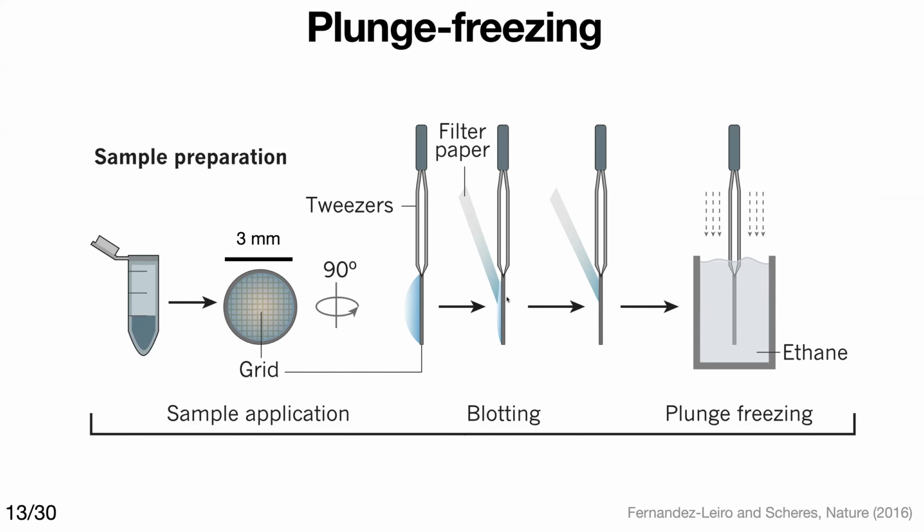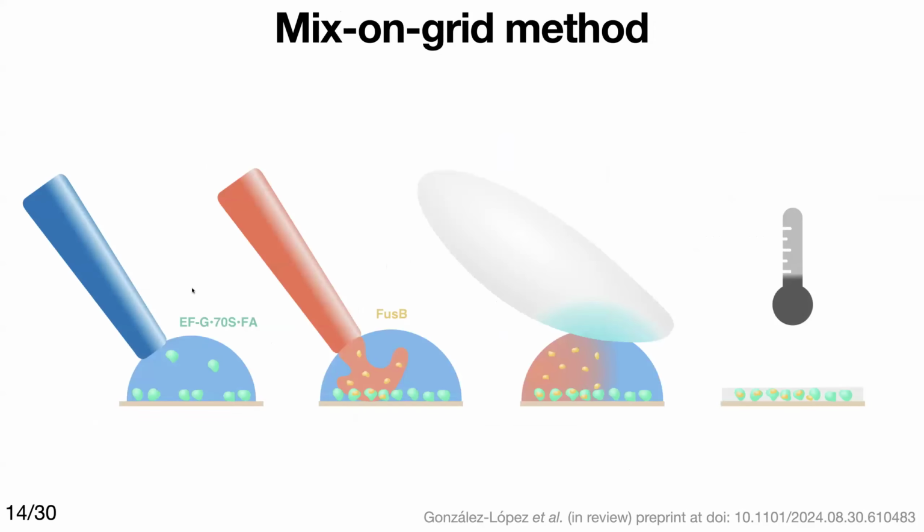But in our preliminary results, what we actually found out is, so this is a schematic to show it. After adding the drop with the fusidic acid locked ribosomes with EFG, we add the drop of FUSP. But because it's so small, as I told you before, the diffusion is not fast enough, and the mixing, when you add with a pipette, doesn't mix completely.